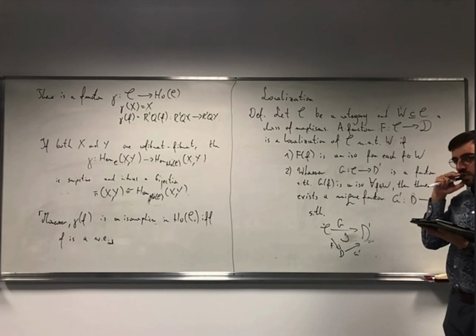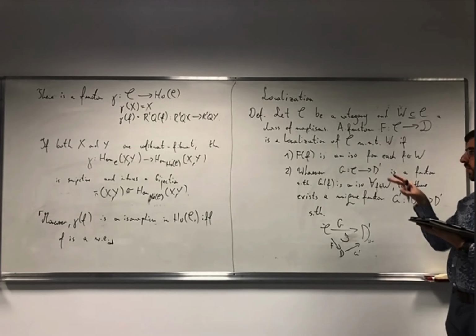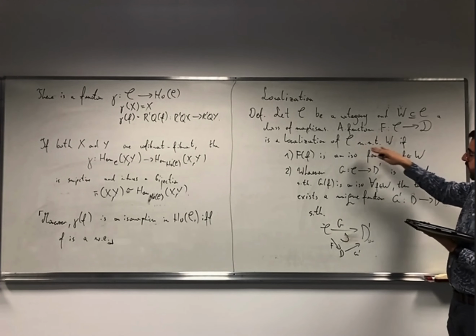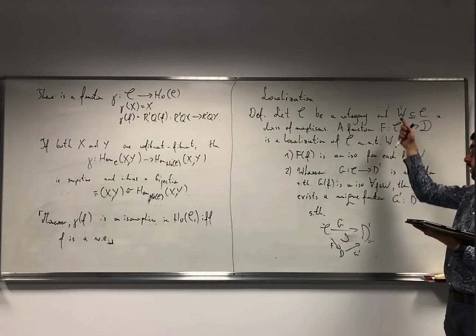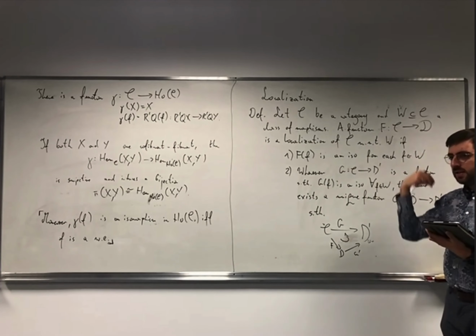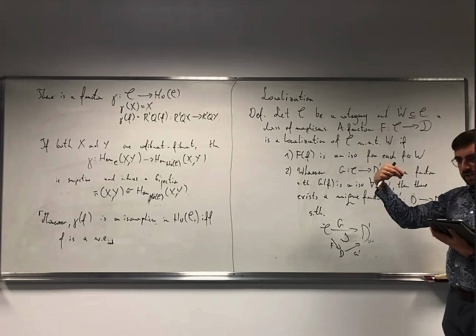Okay, so in other words, we can think about localization of a category with respect to some class of morphisms as artificially adding inverses of the morphisms in W.